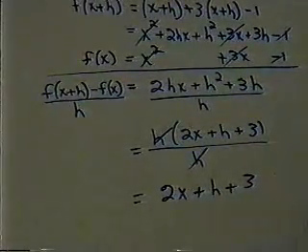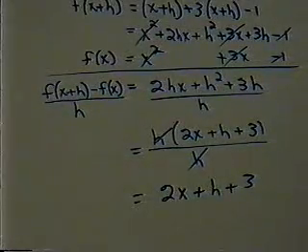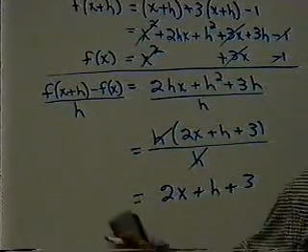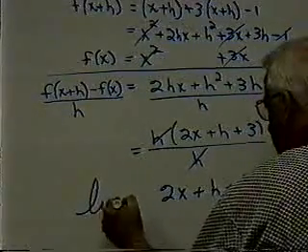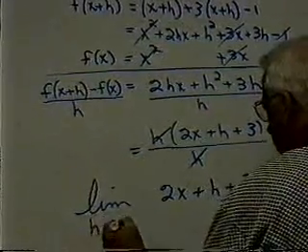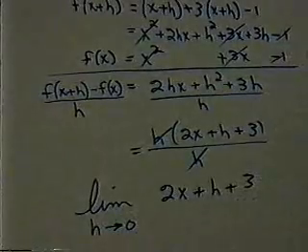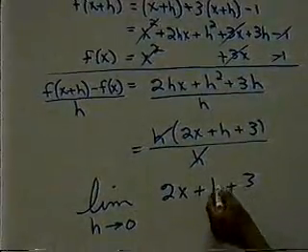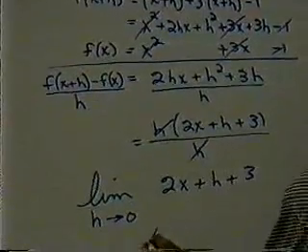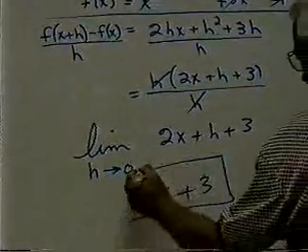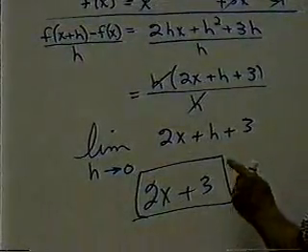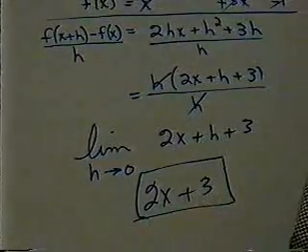Now that's our algebra. Then the next step of the definition is to say, all right, what we want to do now is to take the limit of this as h approaches 0. Well, what happens when h is 0? We get this then to be 2x plus 3. So we then say that the derivative of the function is 2x plus 3.